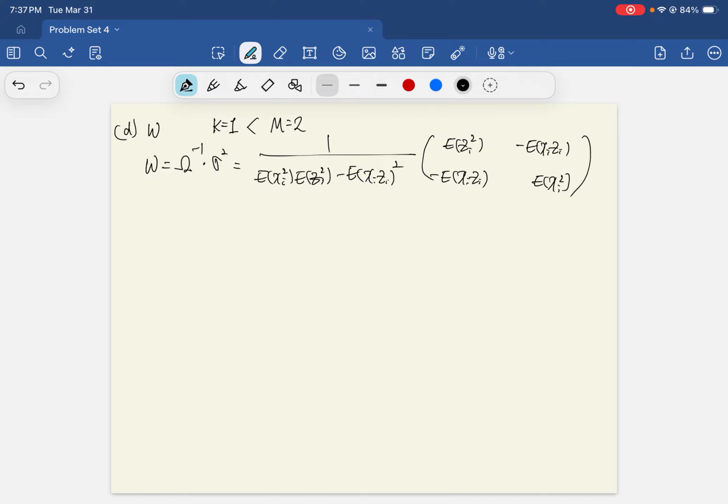So this will be the optimal weighting matrix, right? We are going to estimate this. By the way, again, I'm going to ignore this much. Okay? This is just another constant. It will be positive by the Cauchy-Schwarz inequality. So I will also ignore this much. So you may just use a weighting matrix of this form.